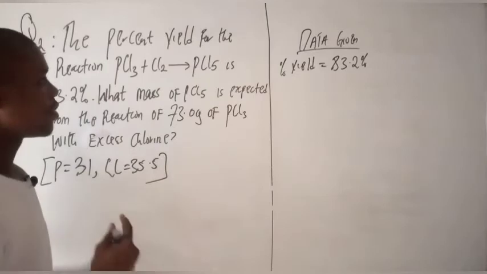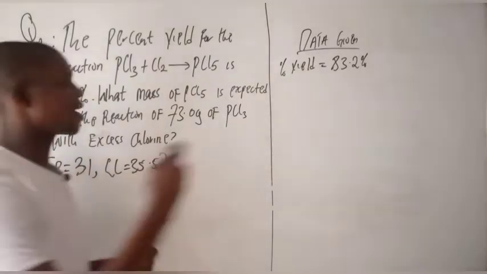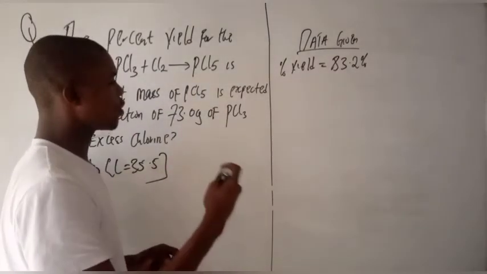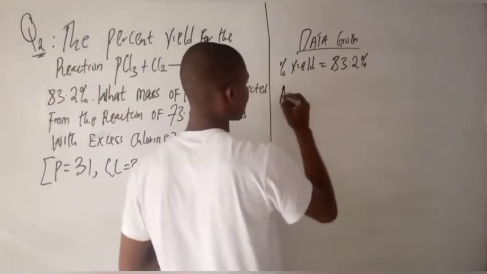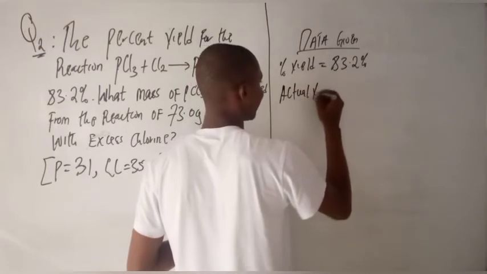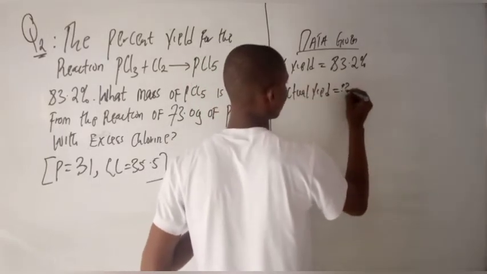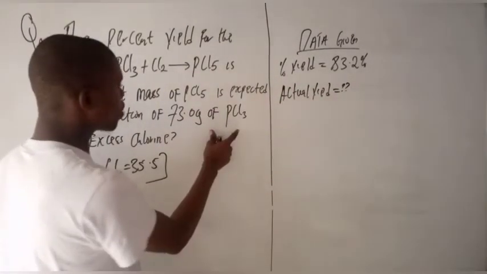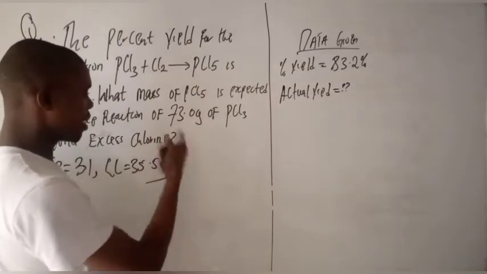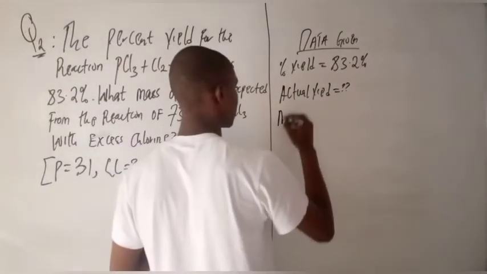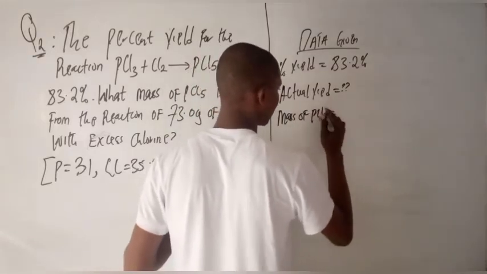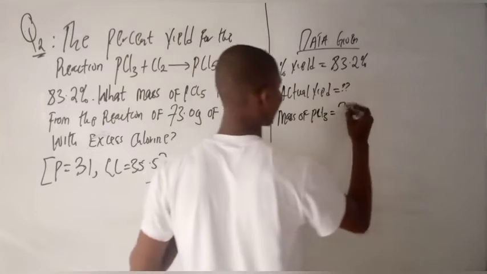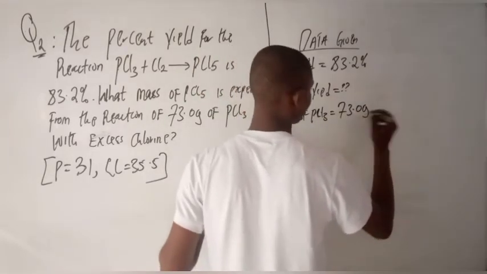Now they're asking what mass of PCl5 is expected from the reaction. In saying that, what they actually want us to look for is the actual yield, because that is what you expect. So my actual yield is what you are looking for. The mass of the limiting reactant is given to me: mass of PCl3 is 73.0 gram.